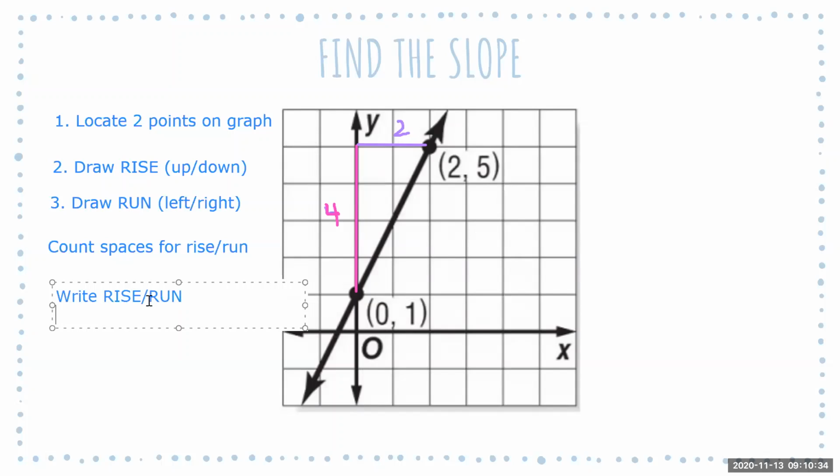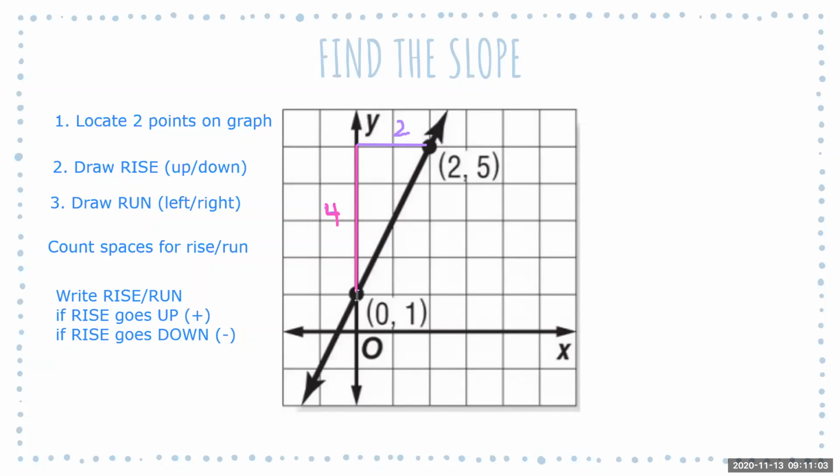So the trick here is always just focus on the rise, okay? If your rise goes up, it is positive. So I'll just write, if the rise goes down, we're going to have a negative slope. So this is all you need to focus on when you are writing down your slope, okay?